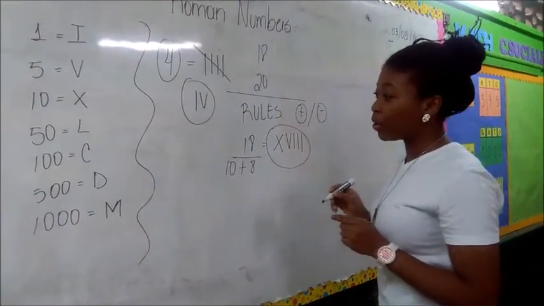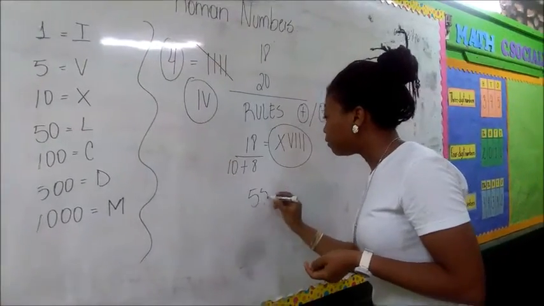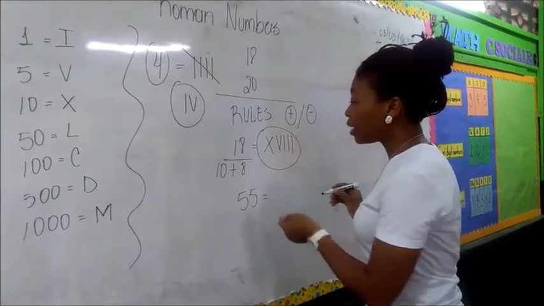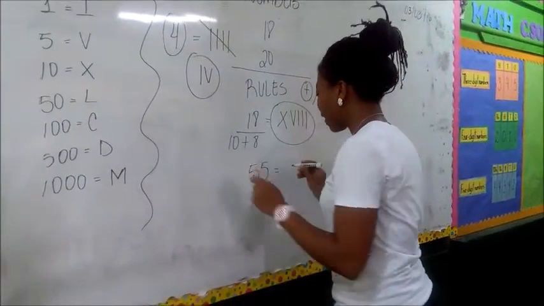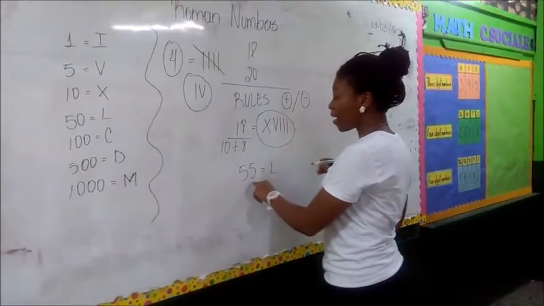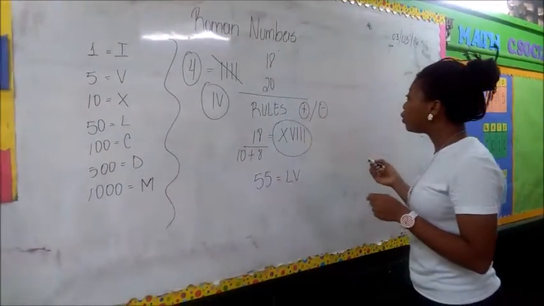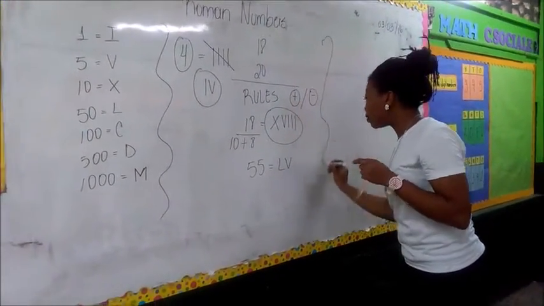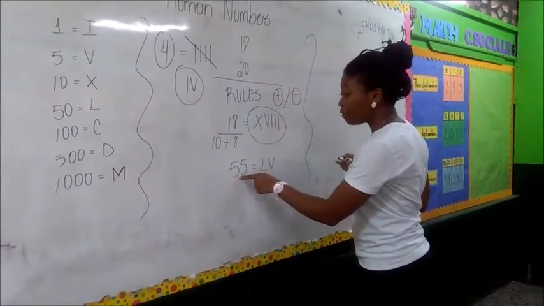And also, for example, if we want to write the number 55, in this case the number 50 is represented by the letter L, and the number 5 like this one. How are we going to know it? First, we write the Roman number and then the numerical form.